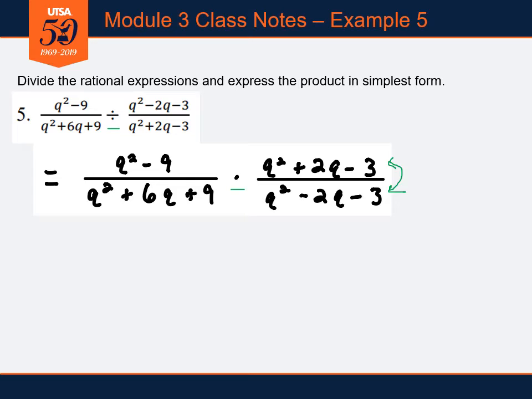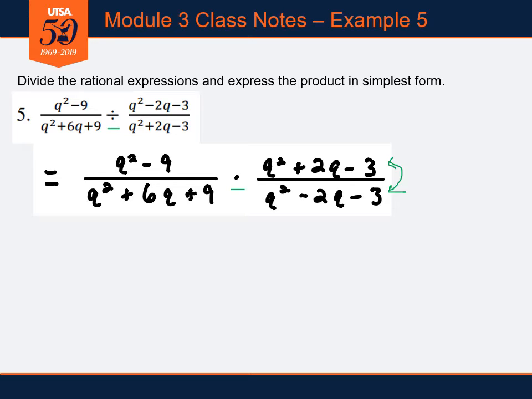So that's how division by a fraction is defined. It's defined as multiplication by the reciprocal of that second fraction. That switches division to multiplication, and now we've already talked about multiplication, so we know how to do that.